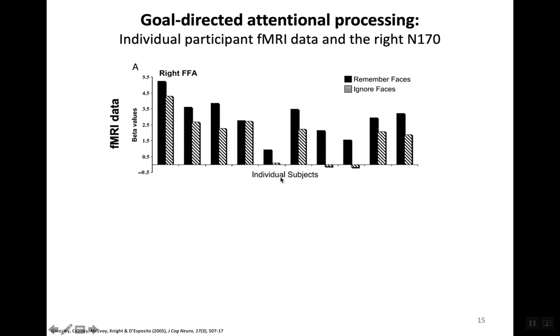While the amount of activity within the FFA might vary from one individual to another, which is quite expected, the difference between the remember and ignore faces conditions tends to be relatively systematic. We see this pretty much in every single individual out of 10 subjects.